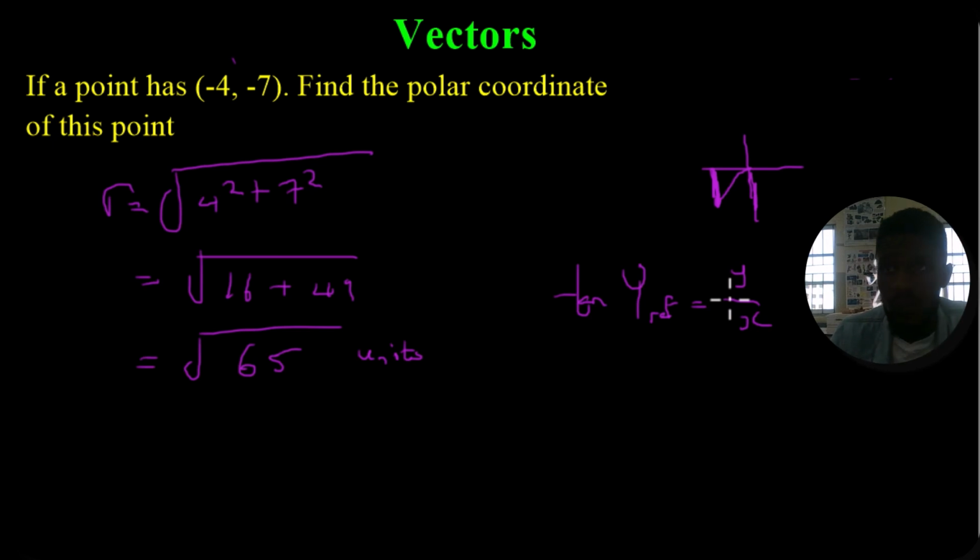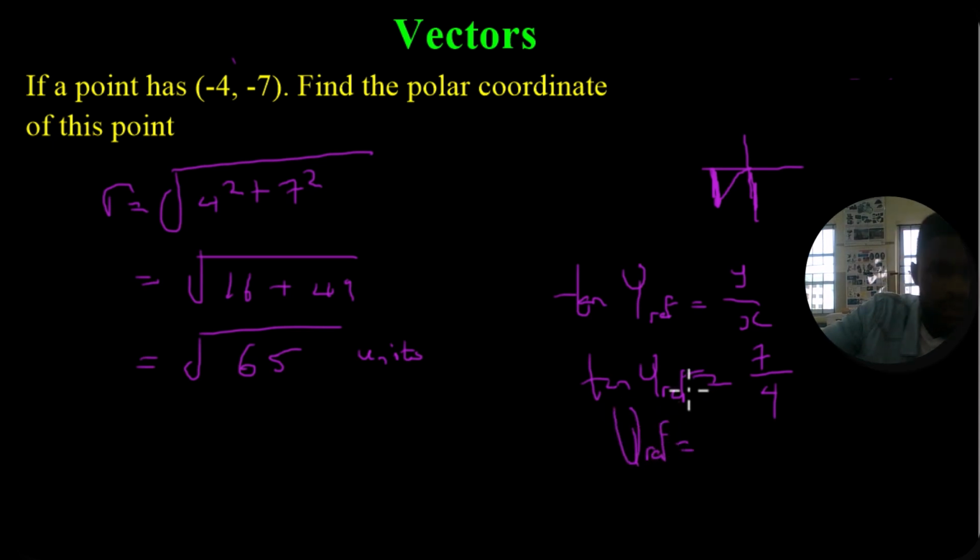And since we're dealing with trig ratios in a right angle triangle, the highest angle in our triangle is 90, so our reference angle can never be 90 or more. So always use positive values here. My y value is 7 over my x value 4, and this is my tan psi reference.